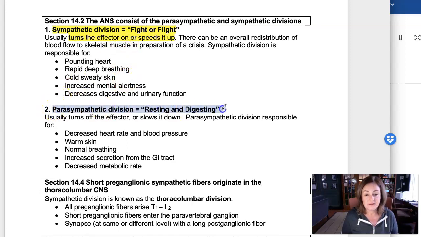Parasympathetic division, resting and digesting, is usually going to turn something down, slow it down.